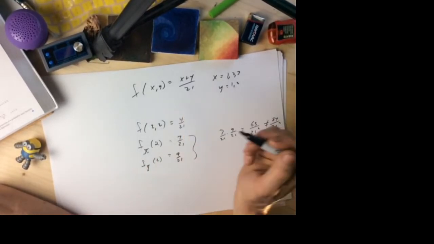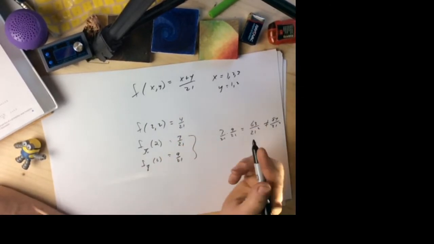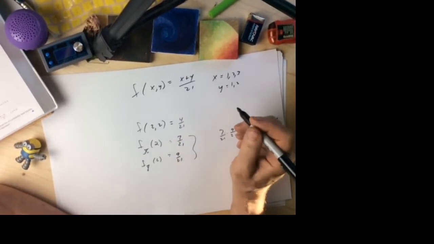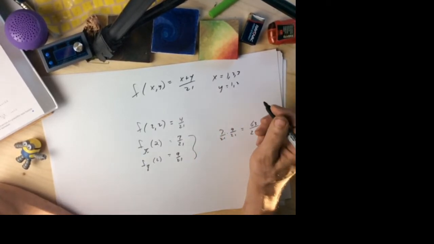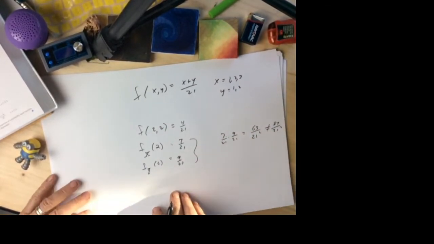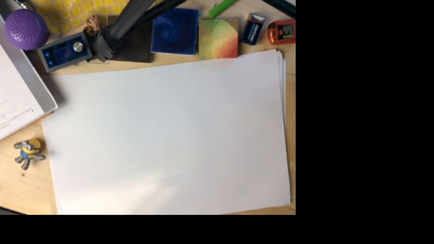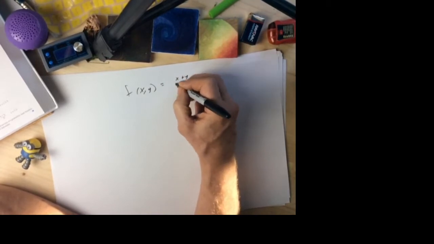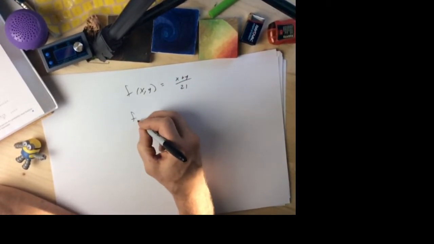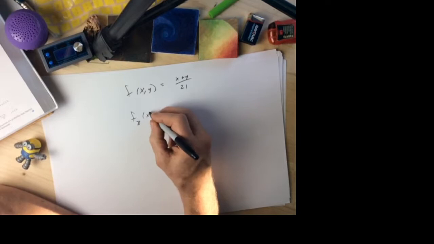Now, since we have this formula, why don't we see if we can come up with a formula for the f of x, f of y, and not necessarily just point-wise values, since we started with the formula, right? That seems a reasonable thing to do. So we've got f of x comma y, which is x plus y over 21. Well, what's the definition of f sub x of x?